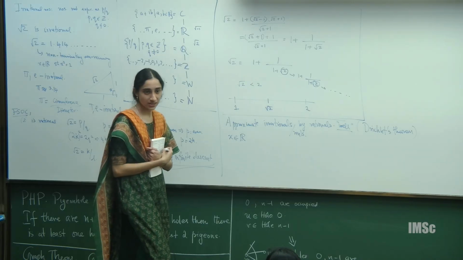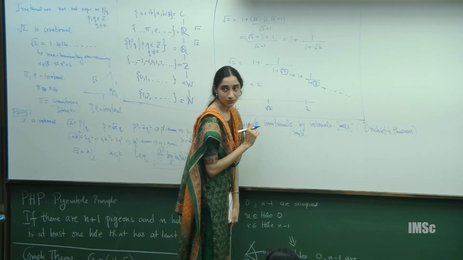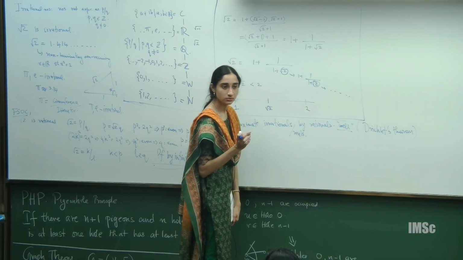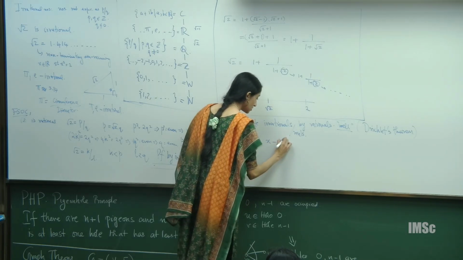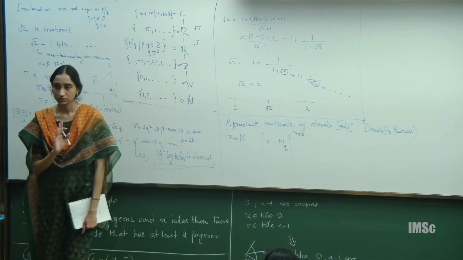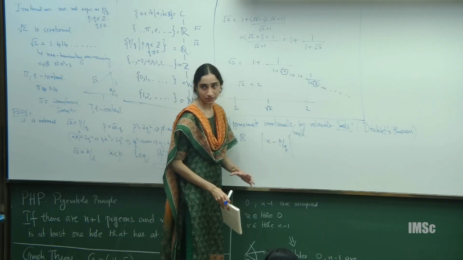So what does close enough mean here? What should close enough mean? You can define some error, that's okay. So x minus p by q, let me take the absolute value, the easiest. You want to find a p by q that is closest to x in absolute value.